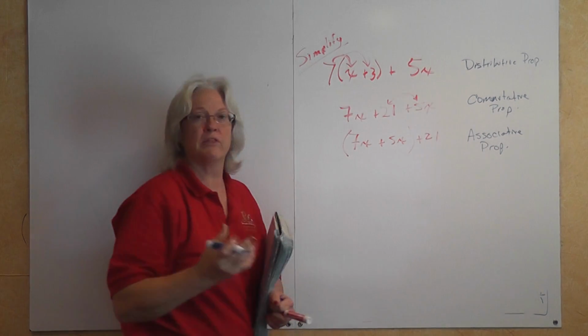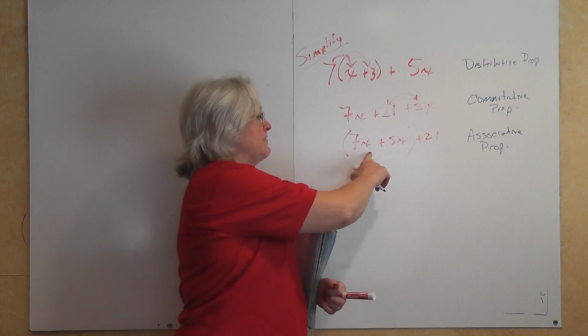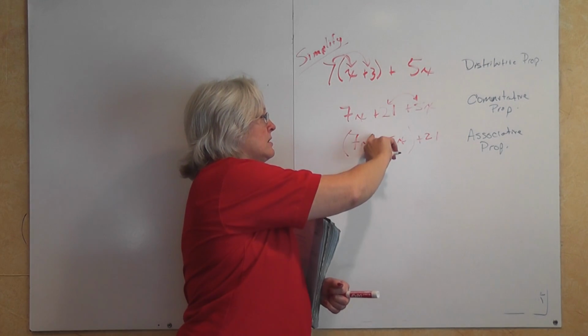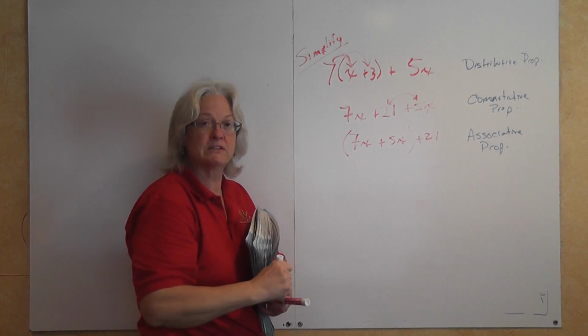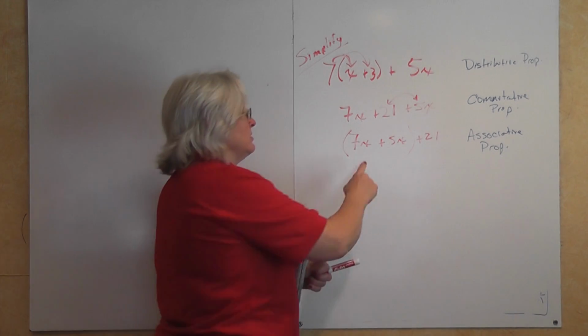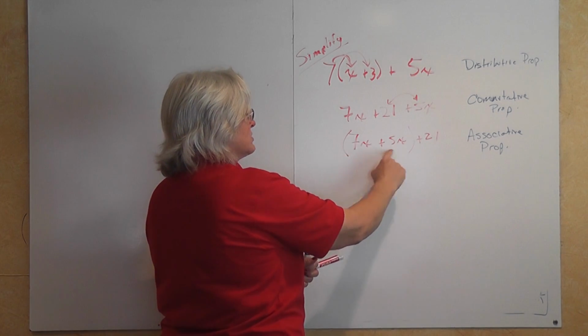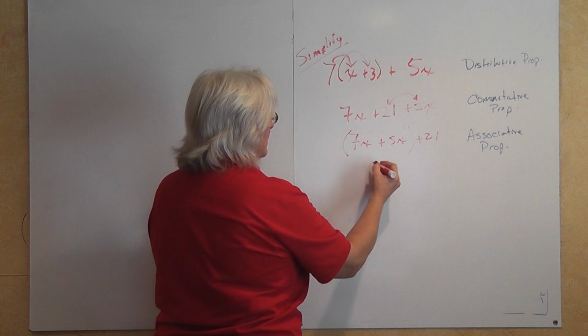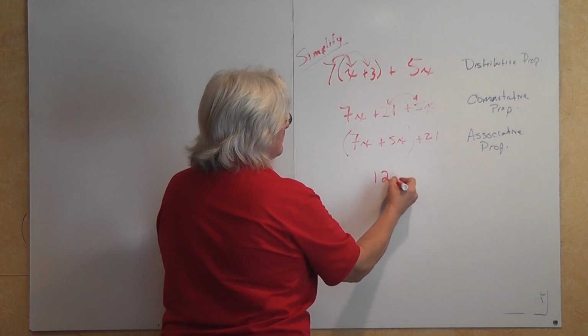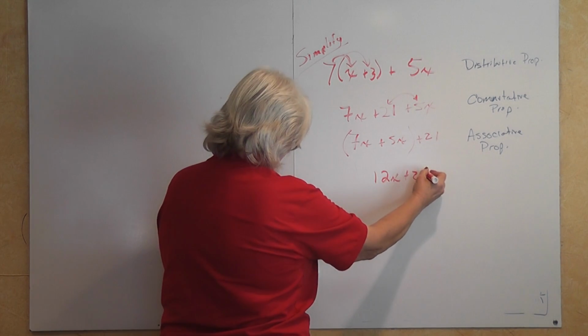And you remember that when you have like terms, the variables have to agree and the exponents have to agree, and when that's the case, you simply add the coefficients together. 7 plus 5 is 12. We now have 12x plus 21.